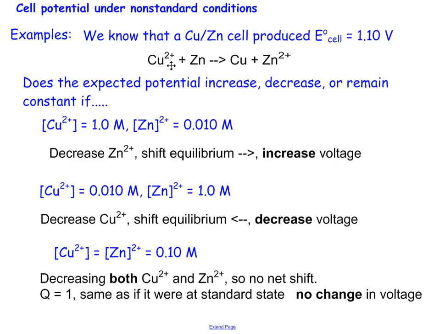The reaction will shift towards the left, decreasing the voltage. And in the last one, I decrease both product and reactant equally. So there's no net shift in the equilibrium. So Q is the same ratio that it would have been in standard states. So the voltage is what it normally would have been predicted, 1.10 volts.